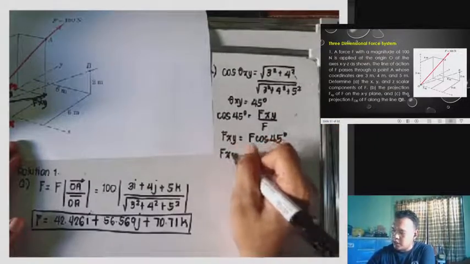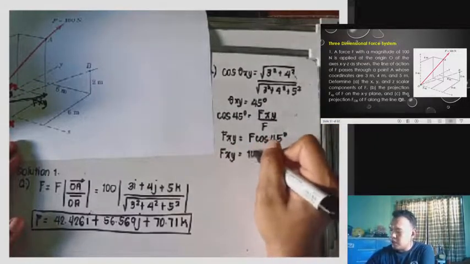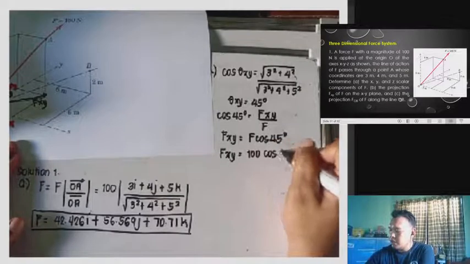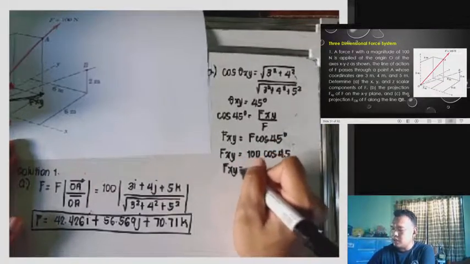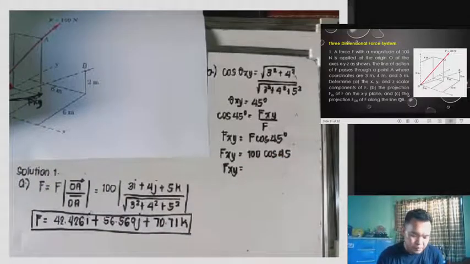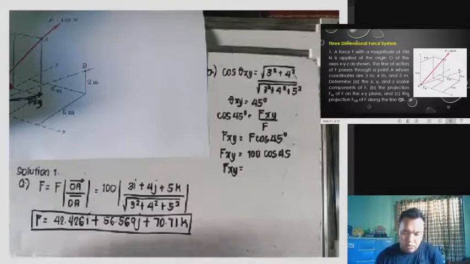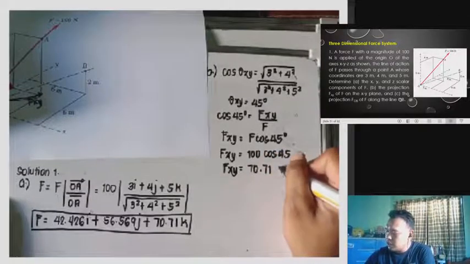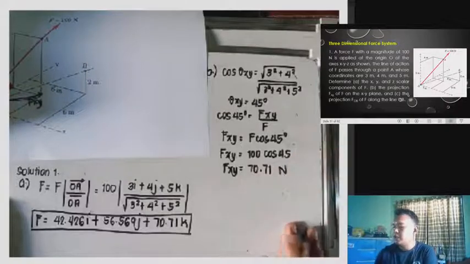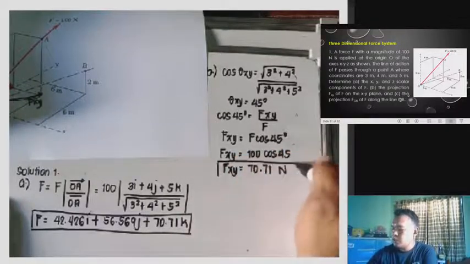Fxy is equivalent to 100 cosine 45. Therefore, Fxy is 100 cosine 45, which is equivalent to 70.71 Newton. Okay. So, that is the value of Fxy.